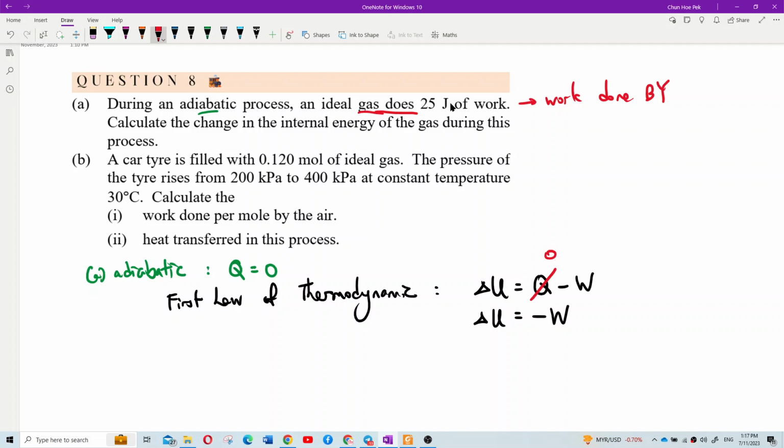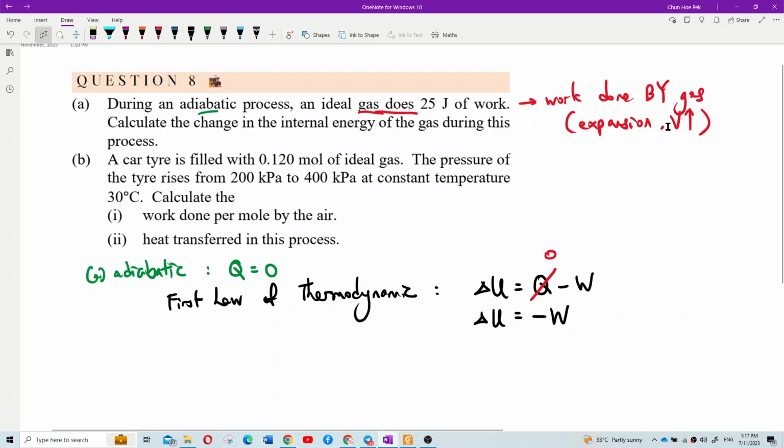Work done by gas means gas expansion, right? The gas pushes up the piston. The gas does the work. So expansion, volume increase.